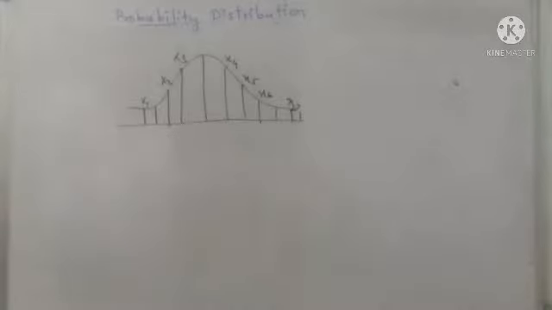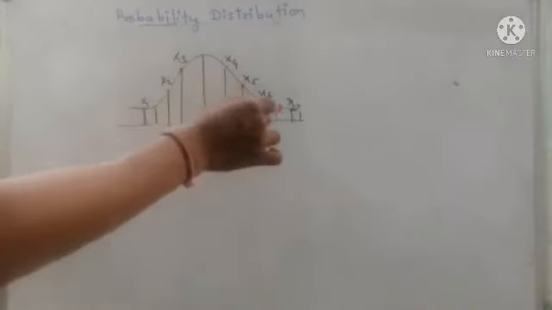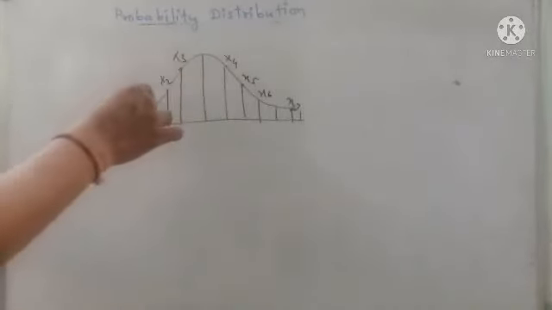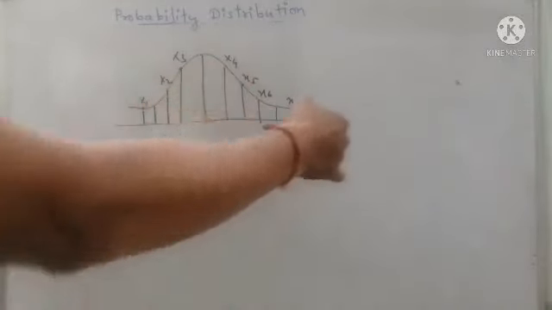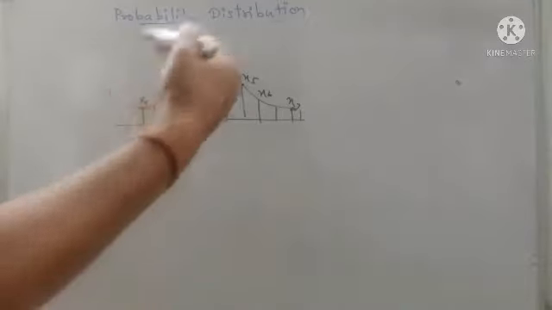As you can understand here, these are continuous values and these are increasing. x1 is less than x2, less than x3, less than x4, less than x5, as they are on the right hand side.